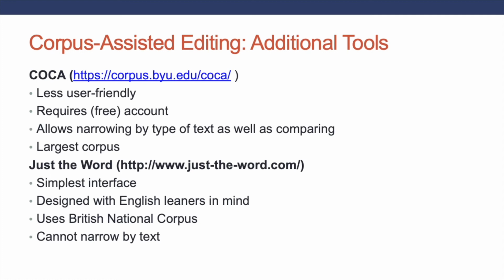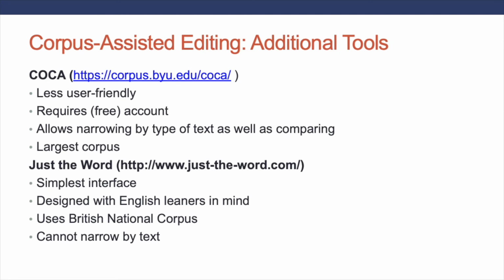Just the Word is another tool. Now, this one is at the opposite end of the spectrum. It is the simplest interface, and it's actually designed with English learners in mind. It does use the British National Corpus, so it really relies on British English rather than American English.